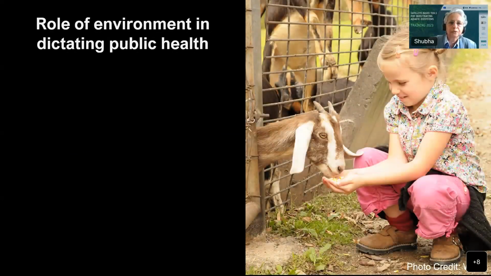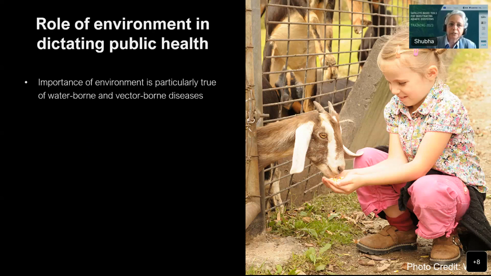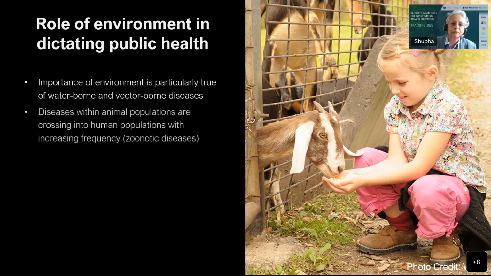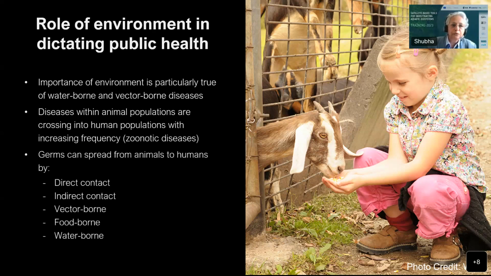So let's look a little bit more at the role of the environment in deciding public health. In our context, the important aspect is the role that the environment can play through waterborne and vector-borne diseases. Now, Stefano mentioned it.